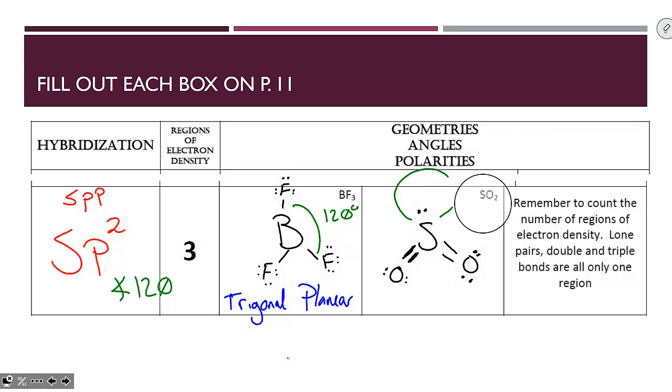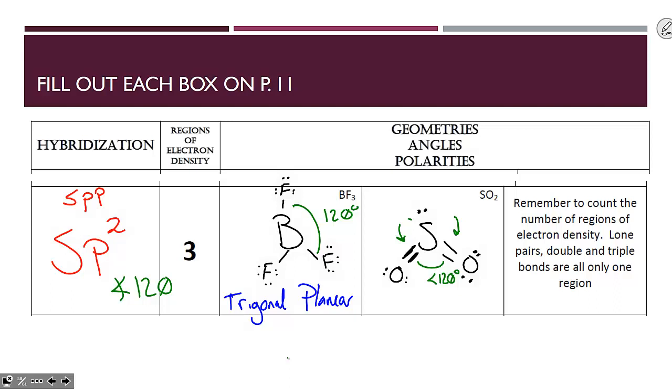Those lone pairs with way more energy take up more space around the nucleus. They are going to repel the bonded pairs, and so the bond angle will always drop when you have a lone pair. Now, the exact amount it drops, you are not responsible for knowing.